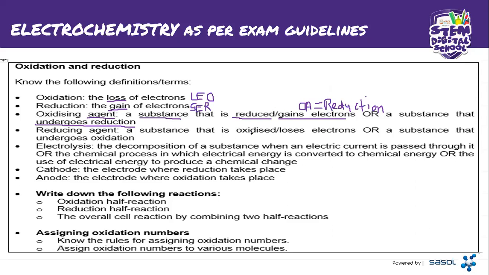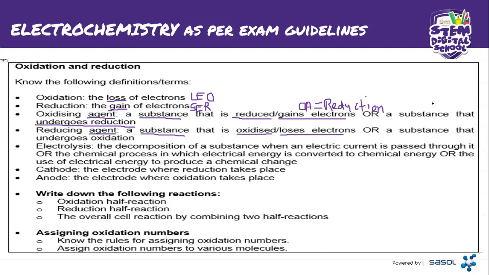When you talk about a reducing agent, again, we are still talking about an agent. So we are still referring to a particular substance. So it is a substance, but now it is a substance that is oxidized. Altogether, it is a substance that is oxidized. Or simply put, it is a substance that loses electrons altogether.